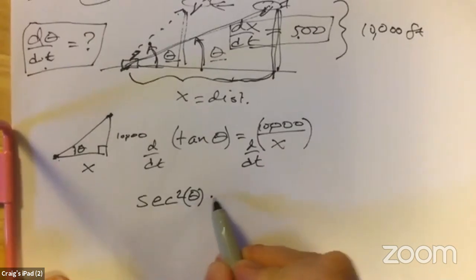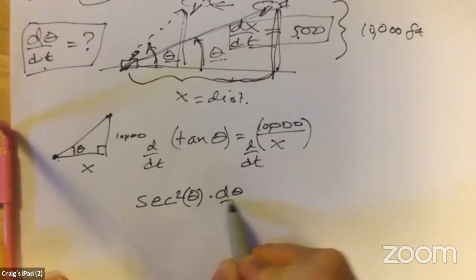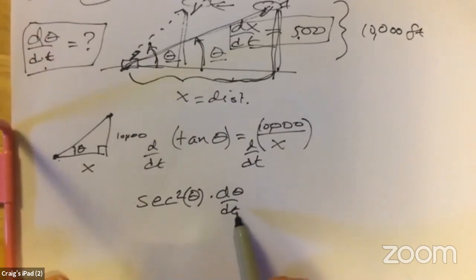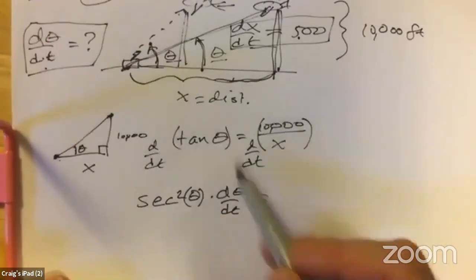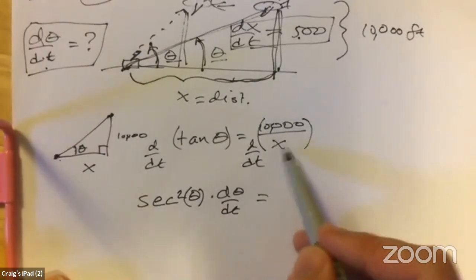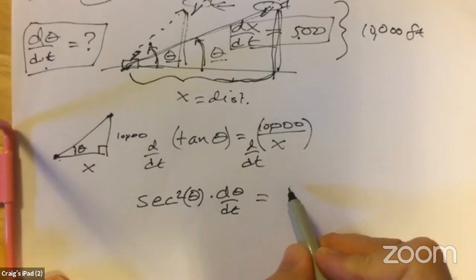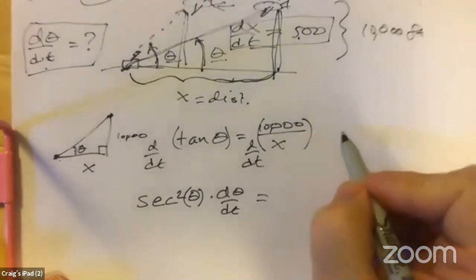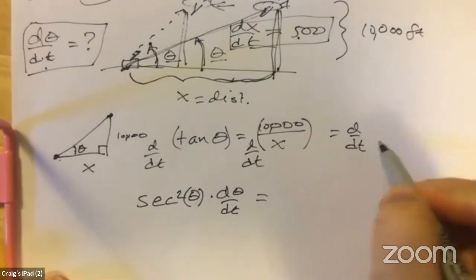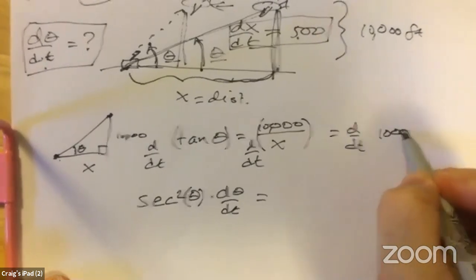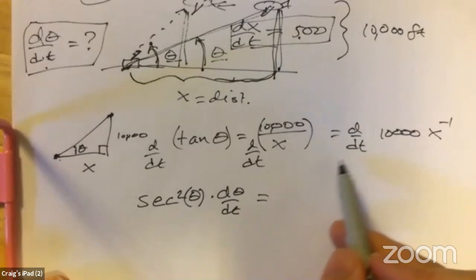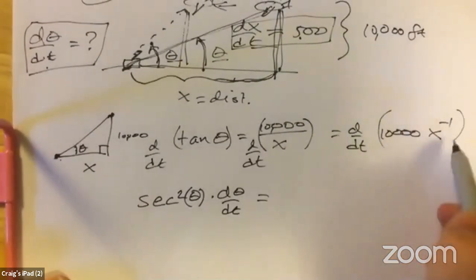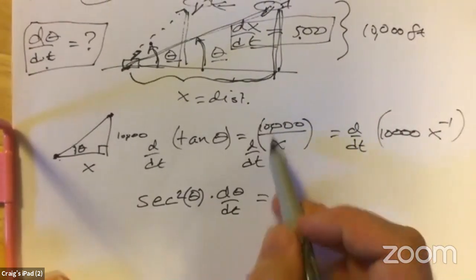And then I have to multiply by the derivative of the inside function. I don't know what that is, but here's the derivative of this function. And now I have to differentiate this function. Again, x is some function of t. So I need to differentiate with respect to t, a 10,000 x to the minus 1 power, which is a little bit easier than the quotient rule.